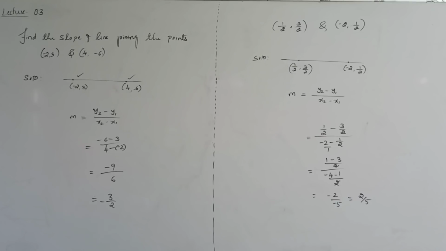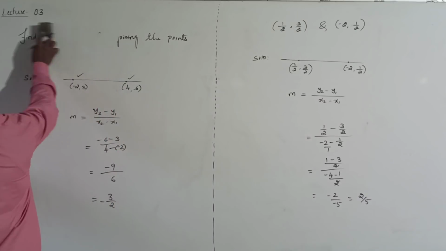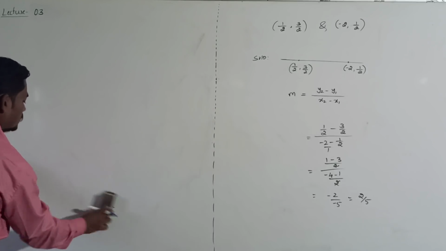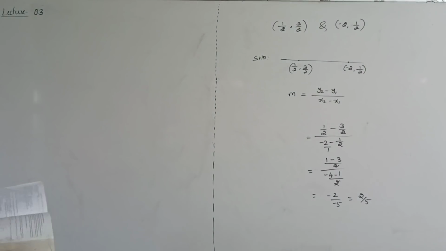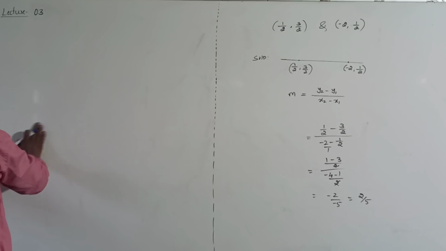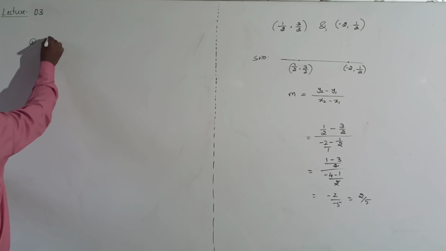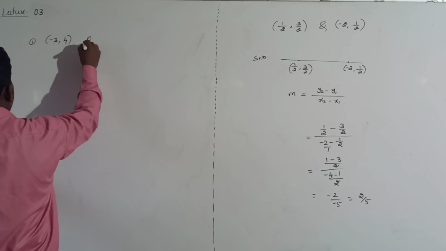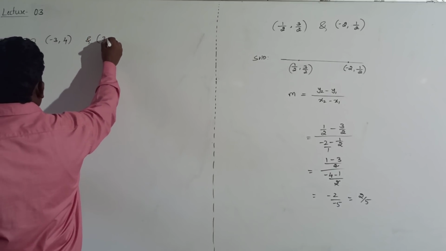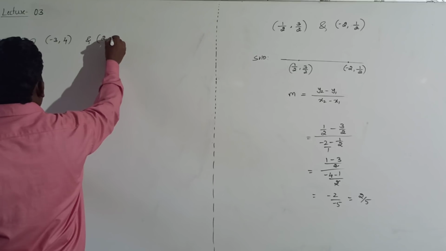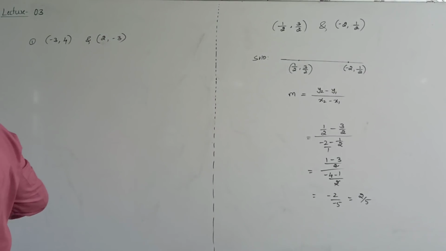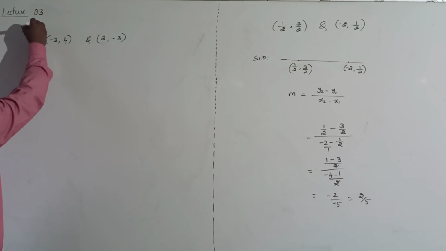And take some homework problems. Find the slope of line joining the points. First one, minus 3 comma 4 and 2 comma minus 3. First problem, take homework.